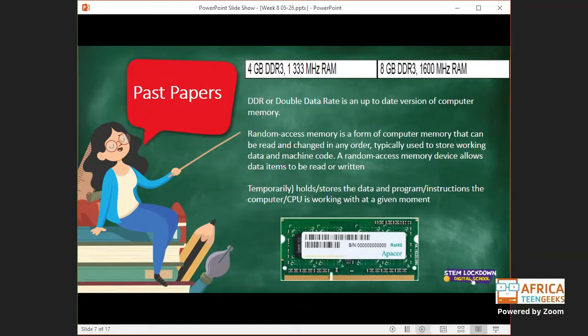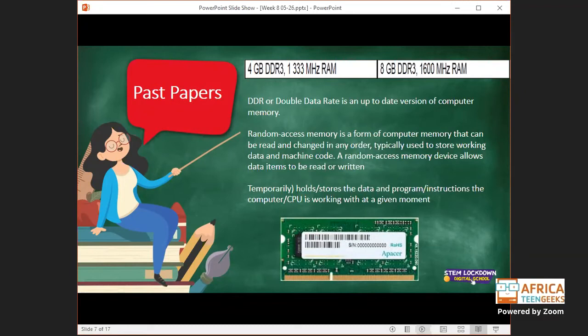So it's basically a memory, and DDR is double data rate, and the 3 or the 2, or if it's got nothing, that's the version of it. Okay, so DDR3 is the third one for it. So that's the generation number. So DDR3 is generation 3.